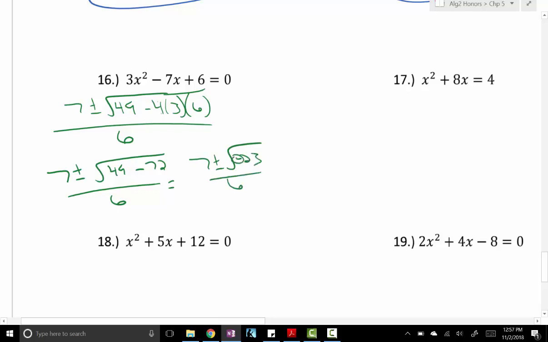Alright, the only thing we can do with the square root of negative 23 is take out the negative. So 7 plus or minus i root 23 over 6.